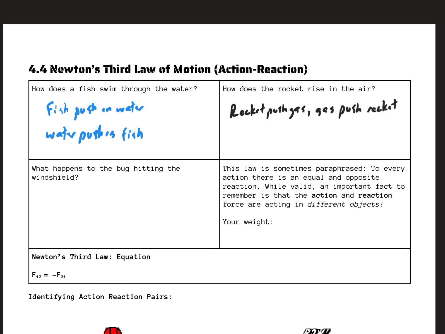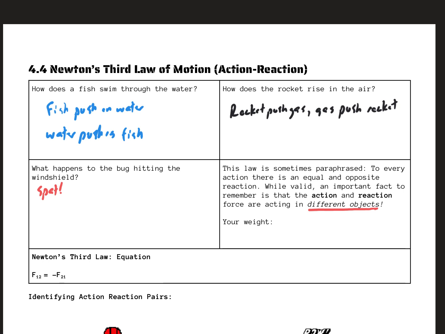So what happens to the bug hitting the windshield? Well, this is a pretty classic question. We know that there's an action-reaction force, and I want us to look at this piece right here. The action-reaction force means there's the same force, but it acts on different objects. That's interesting. First off, we know that splat, the bug hits the windshield.